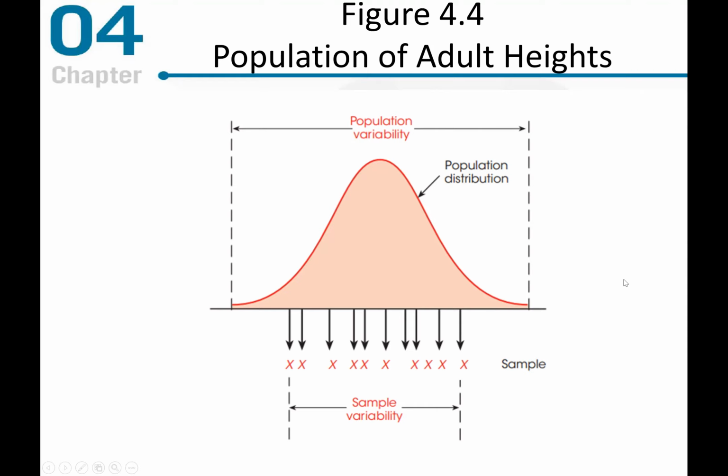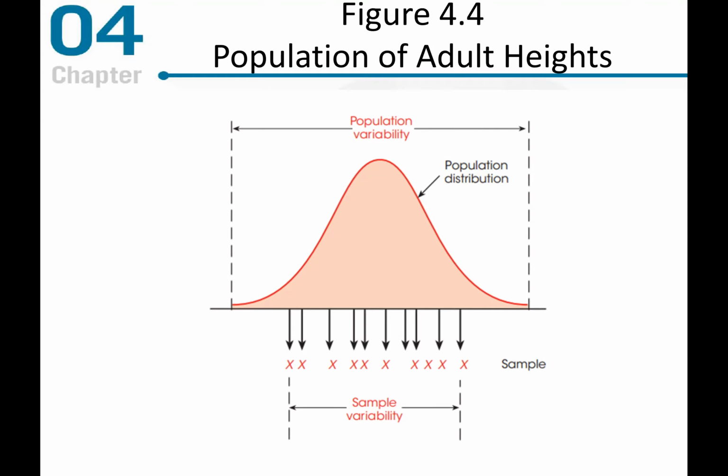Because the population is using everybody to calculate the average height. So in our statistics class, we don't have a whole bunch of people from, let's say, the basketball team, who are going to be way taller. They're going to be like my size and taller.